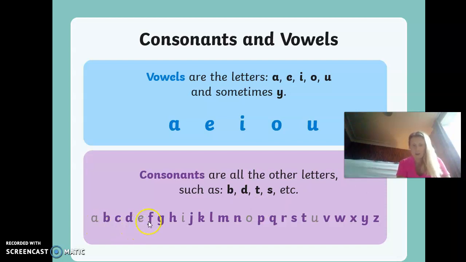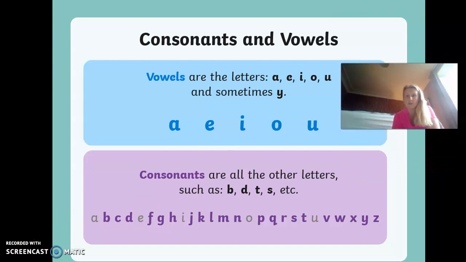A, E, I, O, U are all vowels, and all of these other ones are consonants. Okay, so it's important that we know that. Maybe it might be a good idea for you to write down on a piece of paper what the vowels are and what all the consonants are. You can pause your video here if you need to while you have a go at doing that.